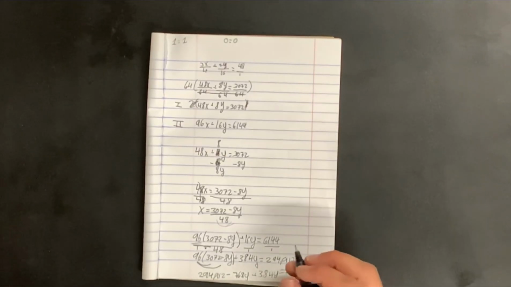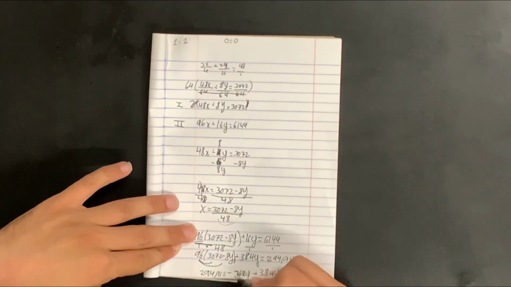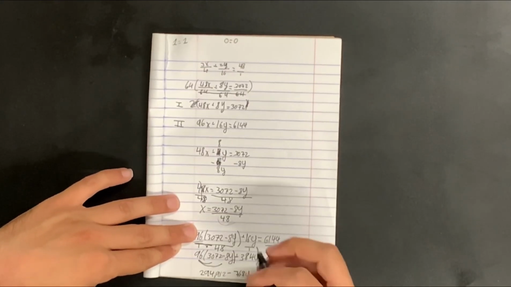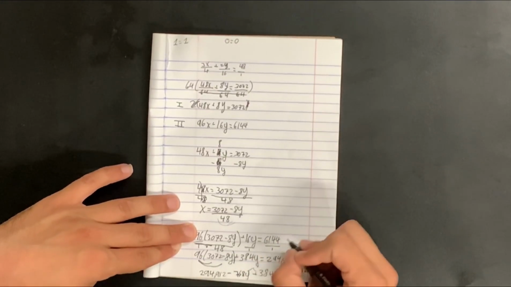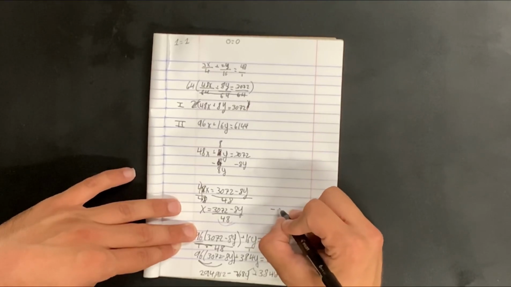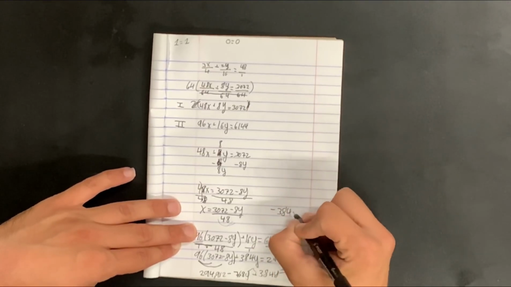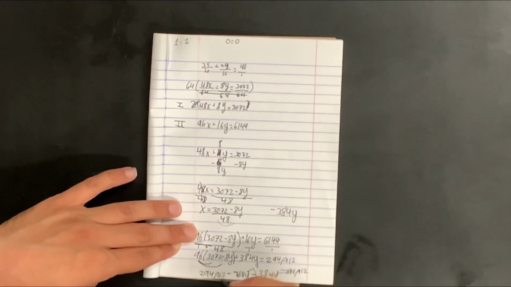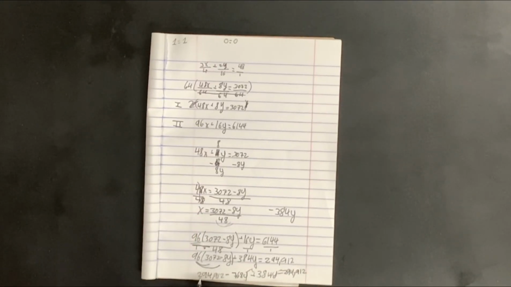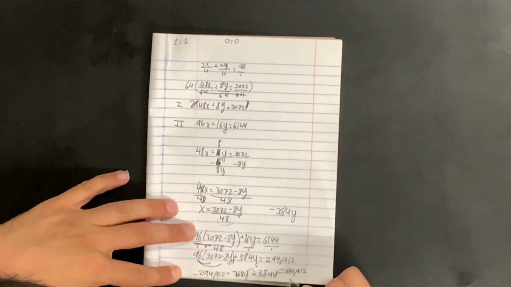I'm loving this. We're going to now add the two families here. We have the y and the y. We're going to add these two together, which will give us actually negative 384y. Perfect. And now we have 294,912 on both sides. So actually, I don't want those on both sides.